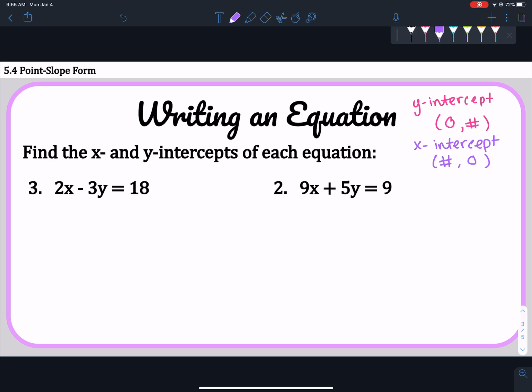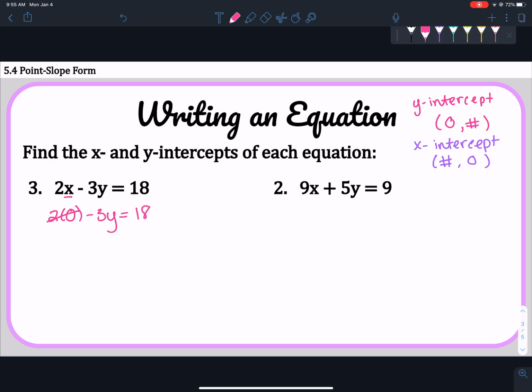So let's start with solving for the y-intercept. I'll do that in pink for number 3. Anyway, to solve for the y-intercept, I'm going to plug in 0 where x is. So I have 2 times 0 minus 3y is equal to 18. Anything times 0 cancels out, right? 2 times 0 is 0.